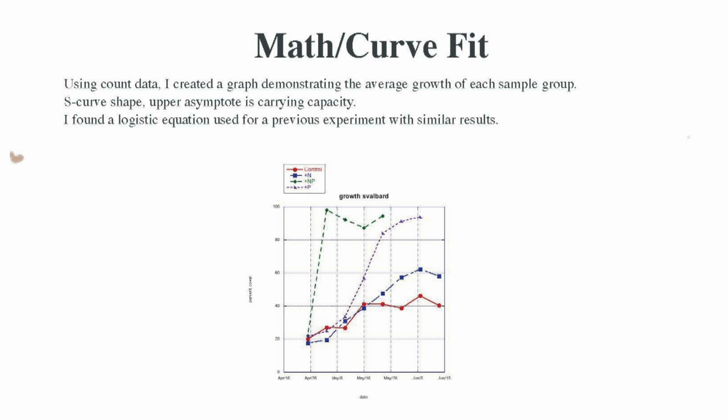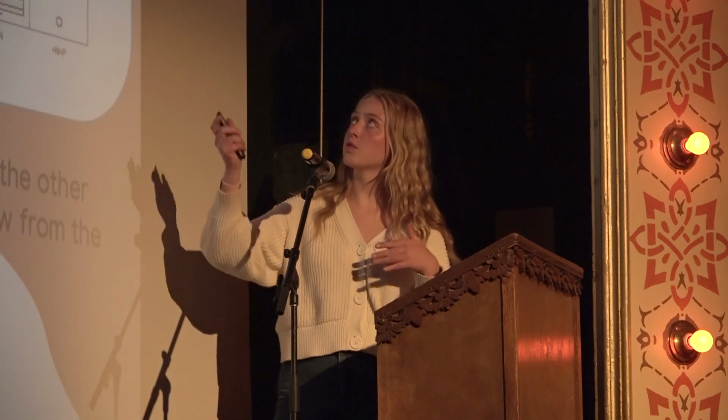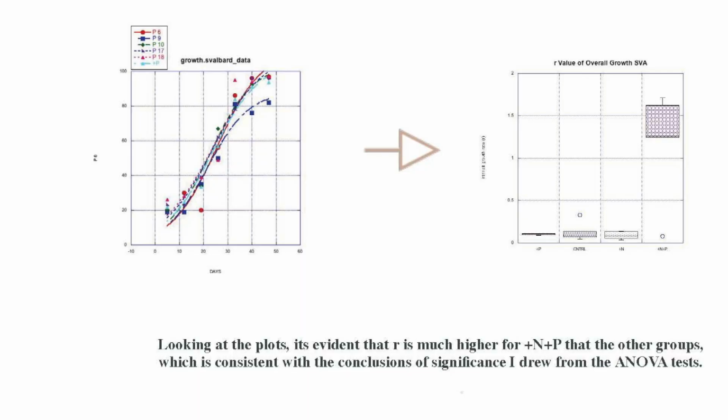And I tried to find a mathematical expression that would approximately fit the data, and I ended up finding that a logistic equation would fit the data the best, and I was able to compare the intrinsic growth rate, or R, in the logistic equation between the different sample groups, and I found that my conclusions were pretty consistent with the statistics test that I had run previously, just looking at the data straight on.